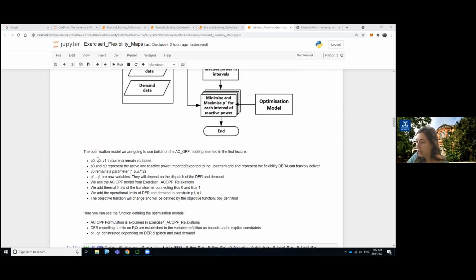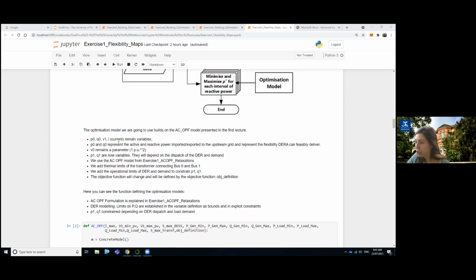Here you have a reminder linking what we did in day 2 with this notebook. So we have P0, Q0, V1, and the current as variables, and P0 and Q0 are the active and reactive power to the upstream grid, and that allows us to represent the flexibility.